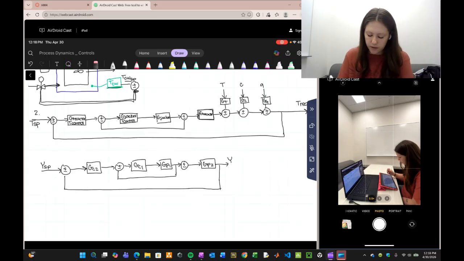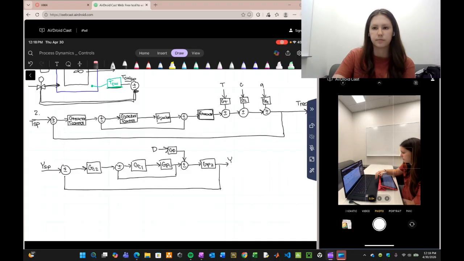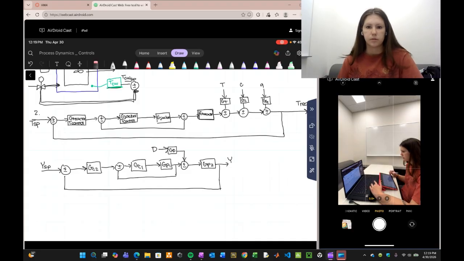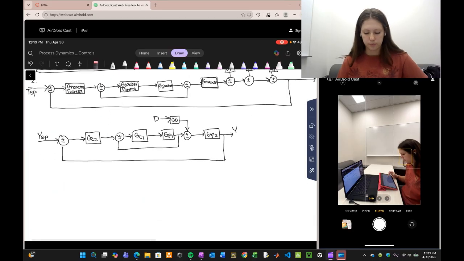So we're going to have a disturbance flowing into this controller here. It's going to be GD, and a disturbance D is going to be flowing into there. So now we can begin deriving our transfer function here.